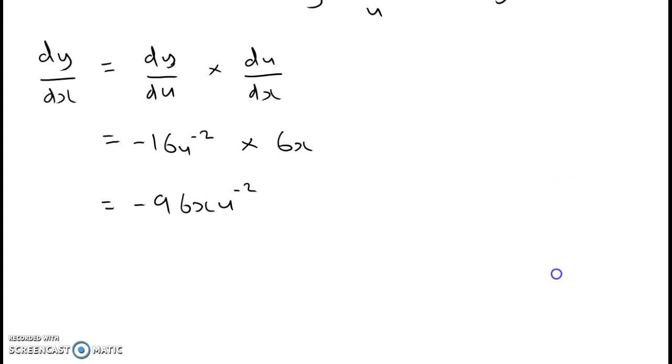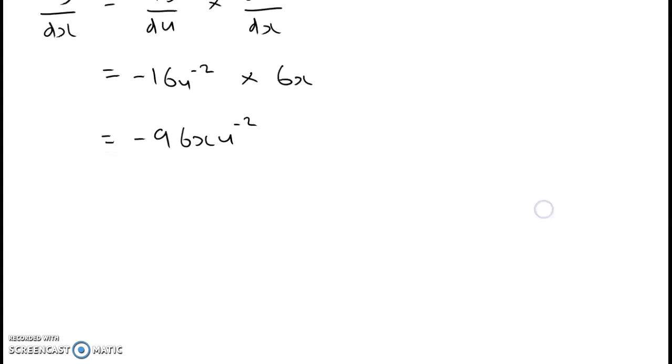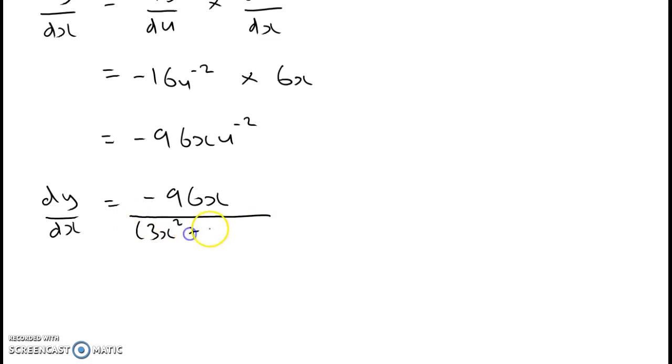And if we substitute our u back in, our u was 3x squared plus 1. So let's make this minus 96x, and I'll write it to the power of positive 2 as well. So that was (3x squared plus 1) all squared.